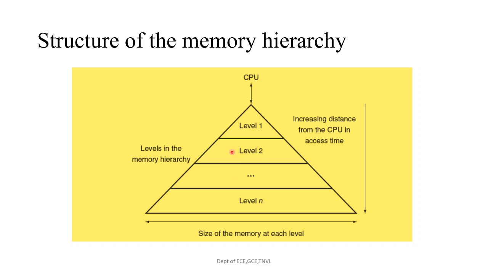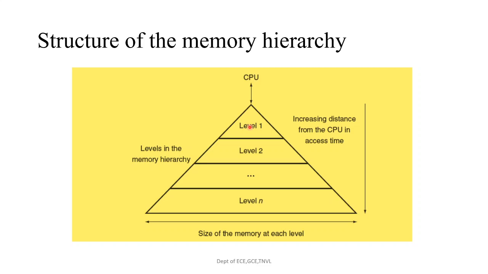If we can't find the block or information in level 1 that we are searching for, then we must replace one of the blocks in level 1 from the lower level where the information is placed. That is, we are replacing a block in the upper level with the information fetched from the lower levels. So this is the process that happens when a miss occurs. Miss means the absence of information in the upper level.